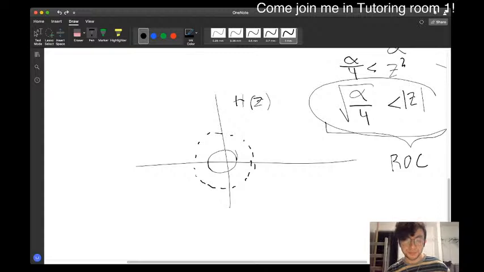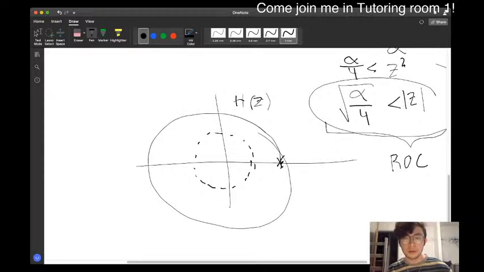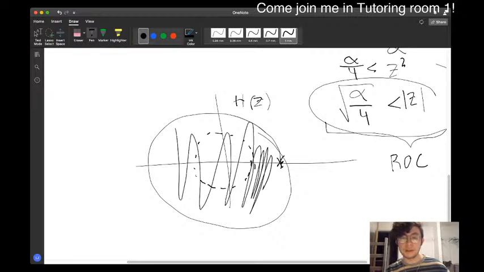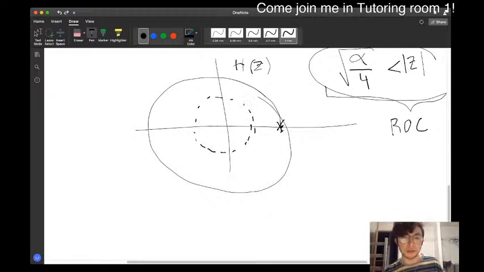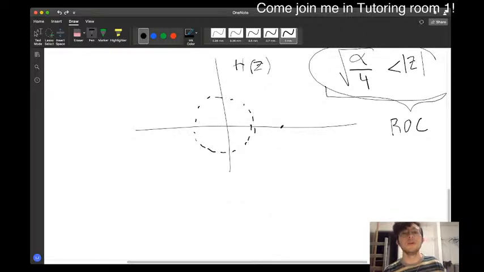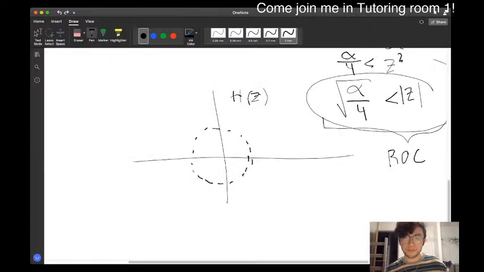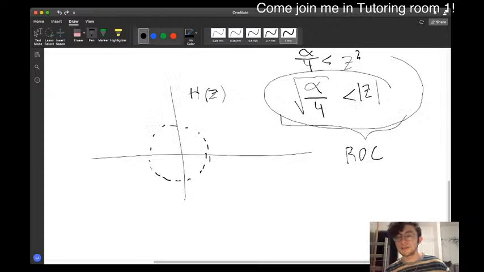If we have a pole way out here and want the anti-causal z transform, this would be everything inside, so this would be an anti-causal stable system because it includes the unit circle. Both of those include the unit circle. That's what we're concerned about.